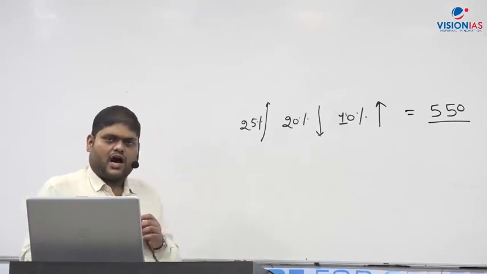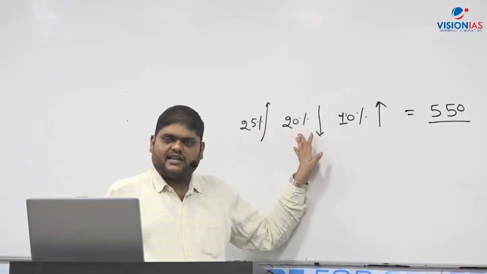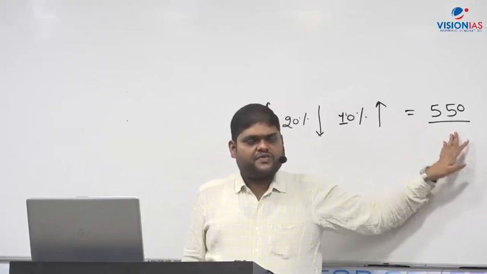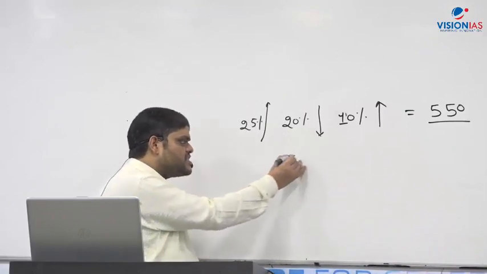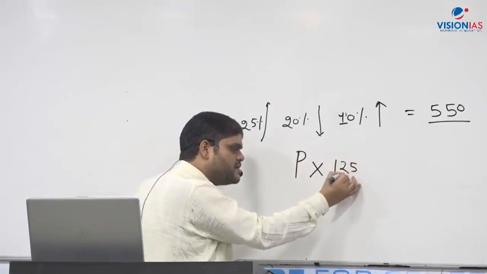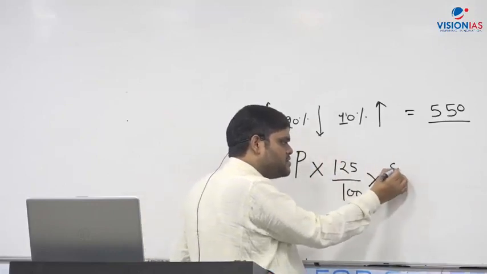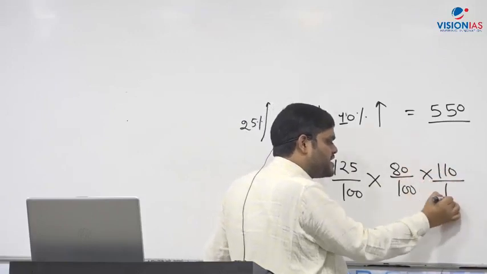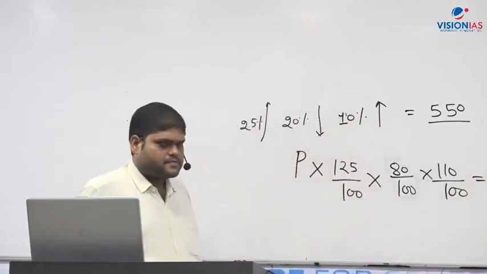What is the question? A number is there, we don't know the number. Increase by 25%, decrease by 20%, then increase by 10%, and the number becomes 550. This is given. Find the original number. How can we do it? Suppose the number is P. First increase by 25%, then decrease by 20%, then again increase by 10%, and the number becomes 550.